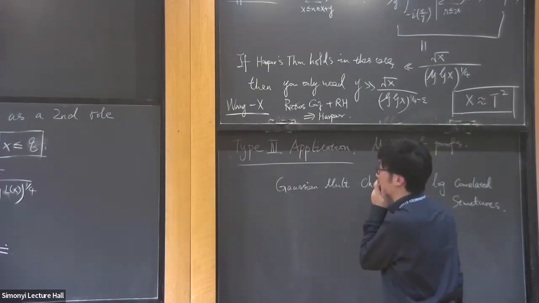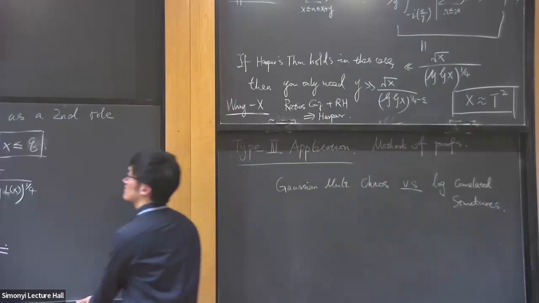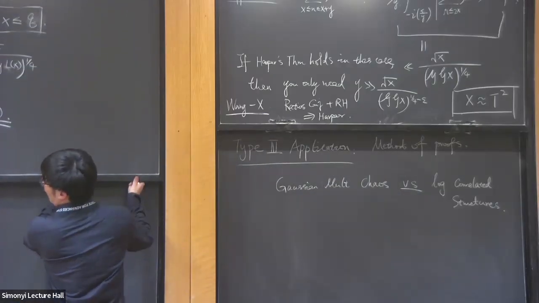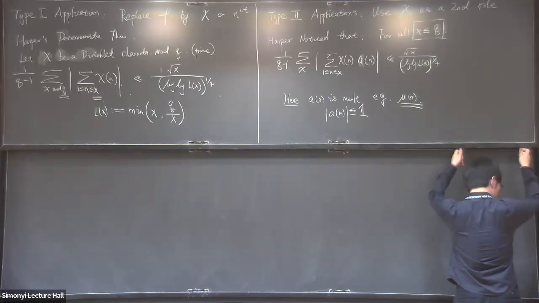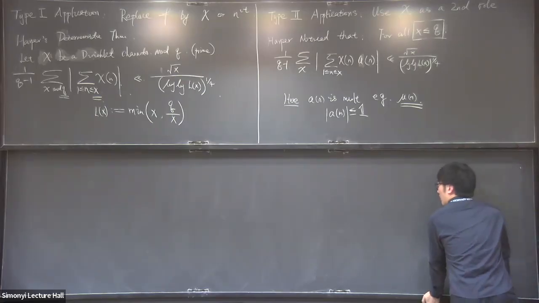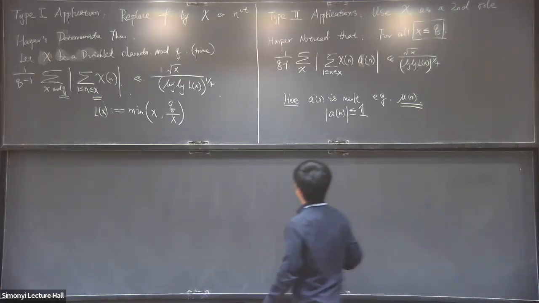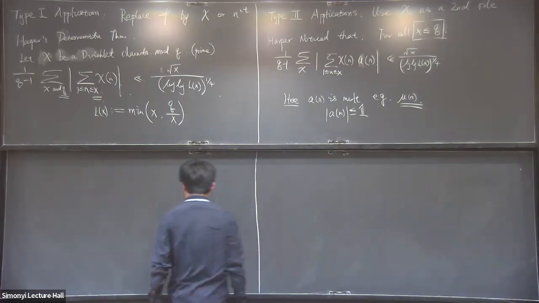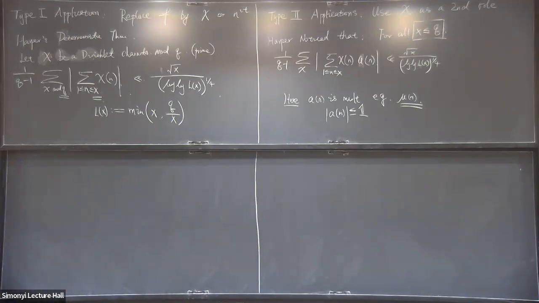Let's see how I want to use the board. I'll just keep it here. Okay, so how to study this sum of f_n?